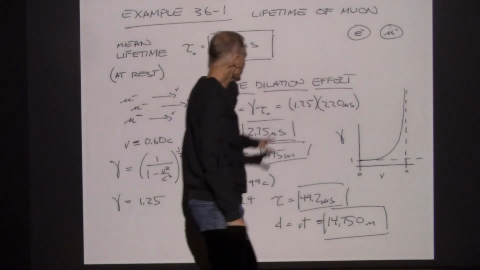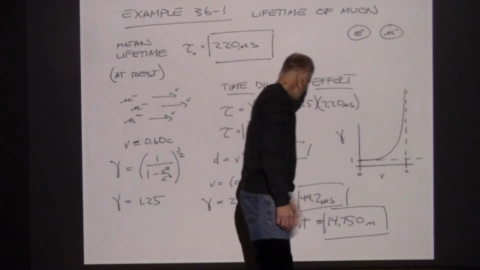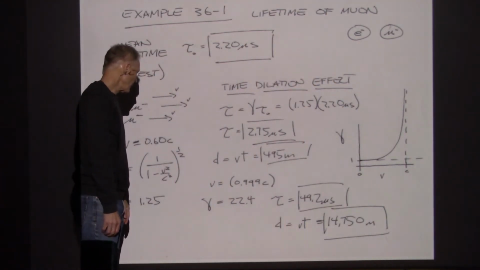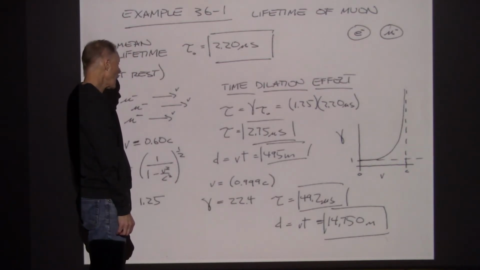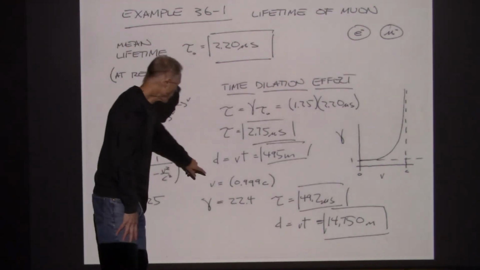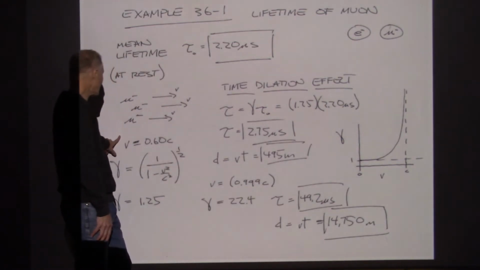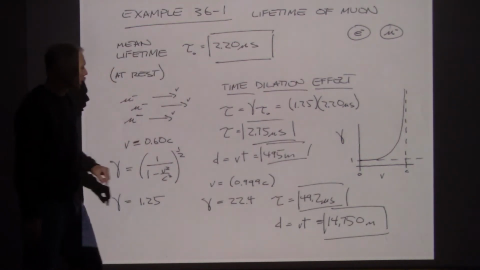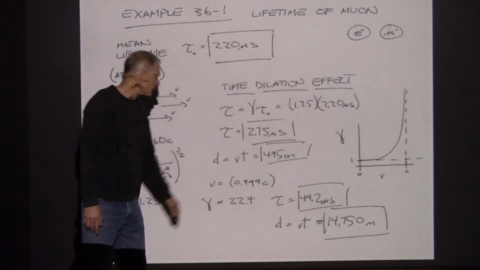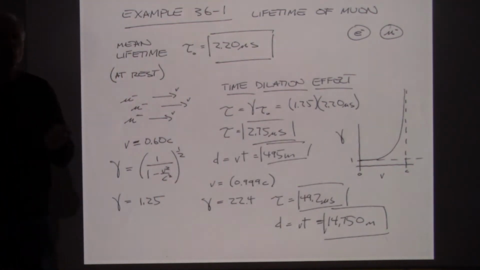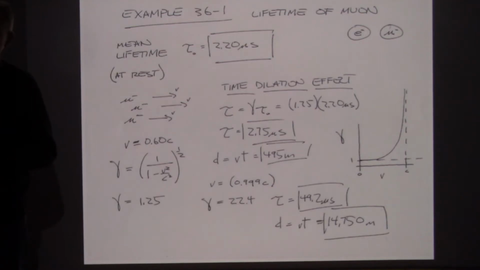Again, here's a reminder of what that gamma function looks like. What else do we need here? Oh, I redid it. So what would happen if the speed of the muon, instead of 0.60, what if we generated a muon beam where the muons were going 0.999 times c?